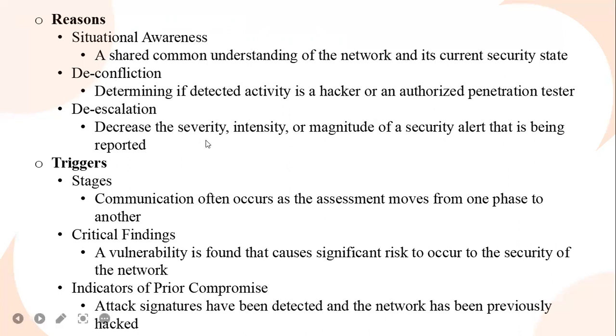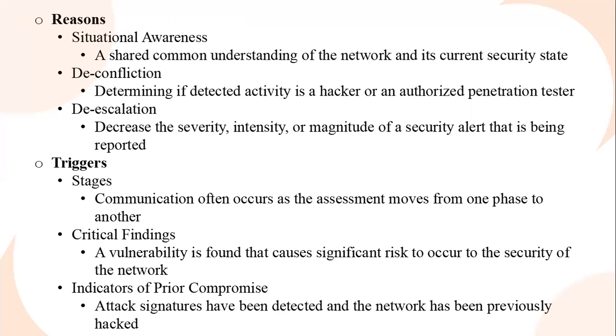Or there is something that is very intense, of great magnitude. If you rate it on a scale of 1 to 10, it's about 9 or 10. That kind of thing has great severity. You need to put in your scope document, in your planning document, who you're going to report that to.